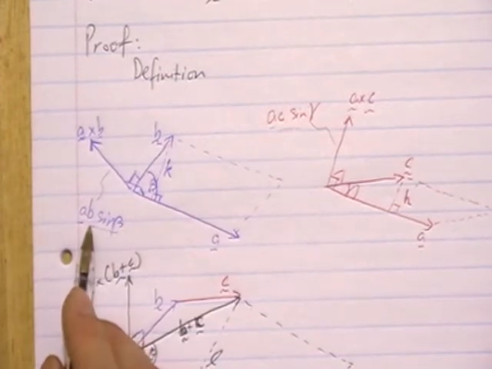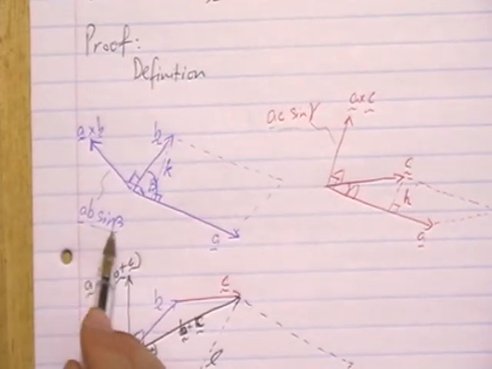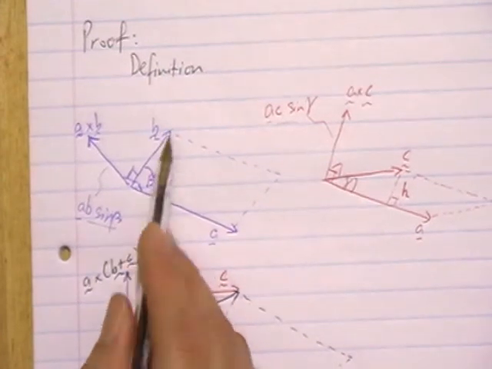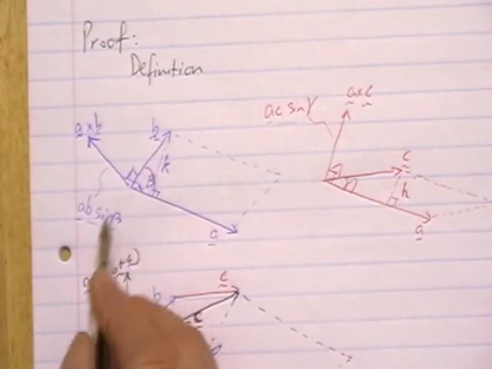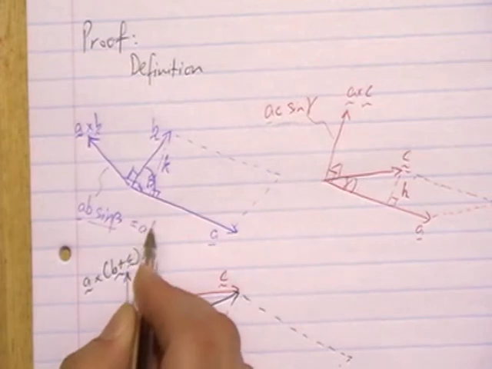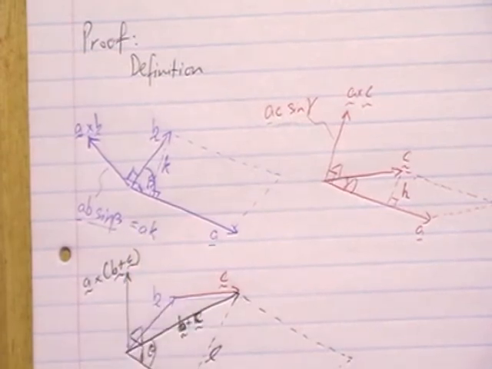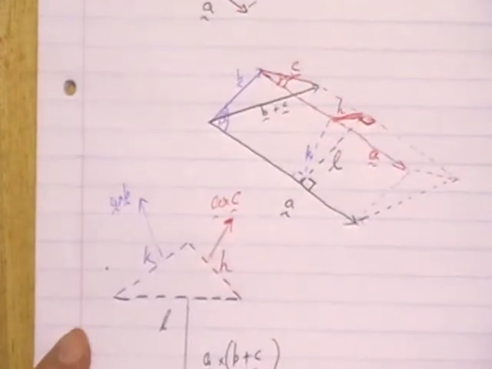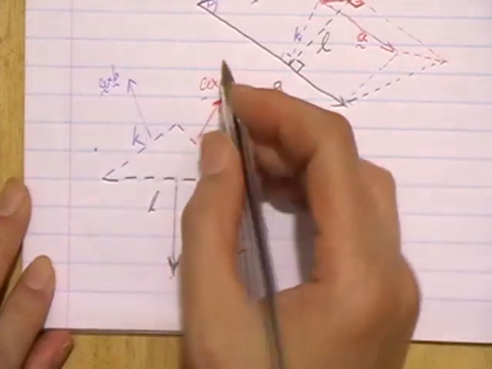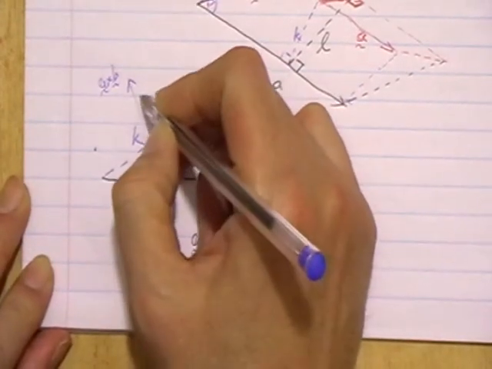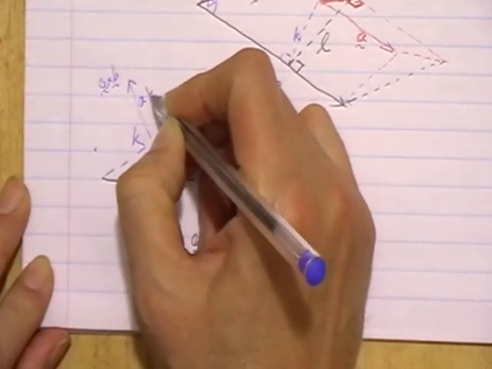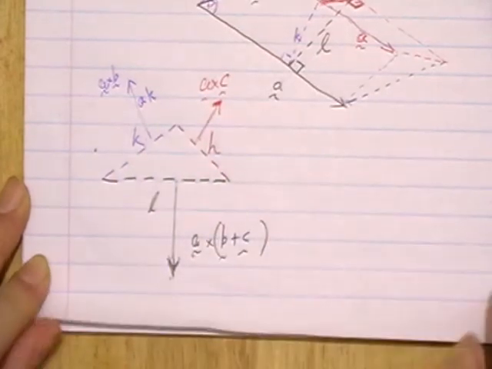And as I've mentioned, B sine beta is the height of this parallelogram, K. So this is just A times K. Let me write it down here. So the length of this is A times K.